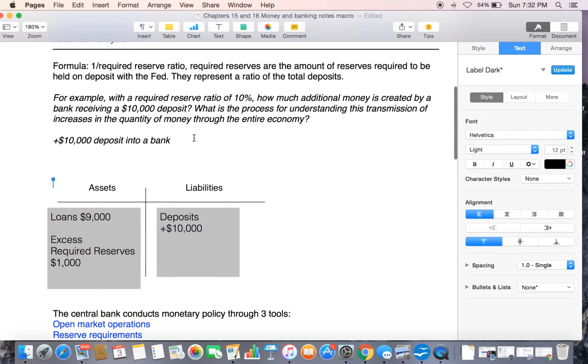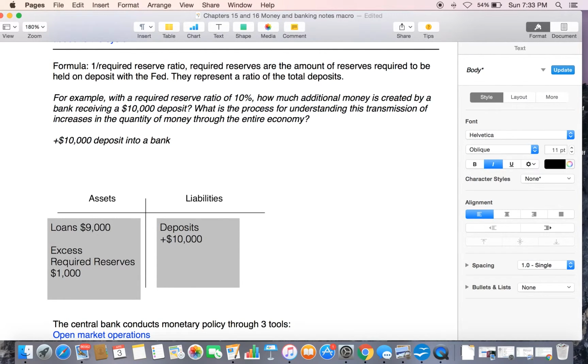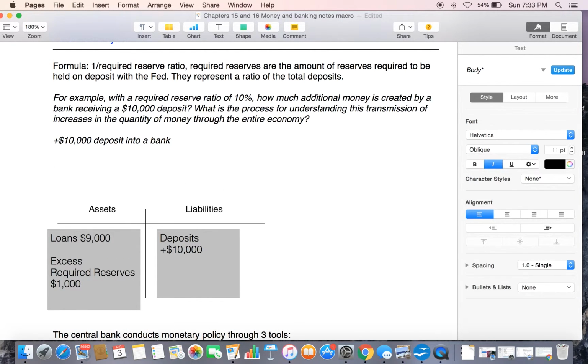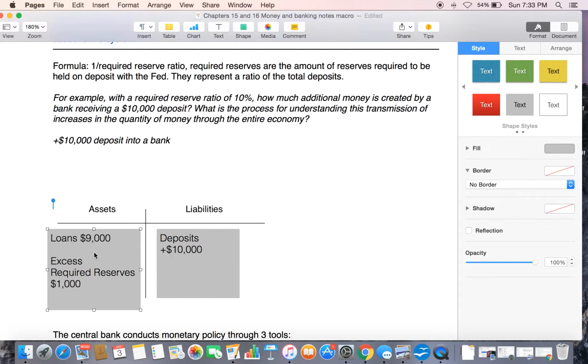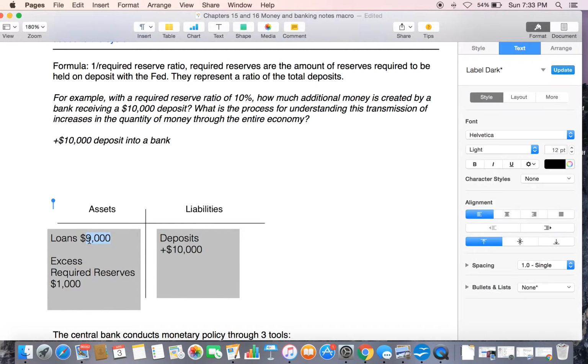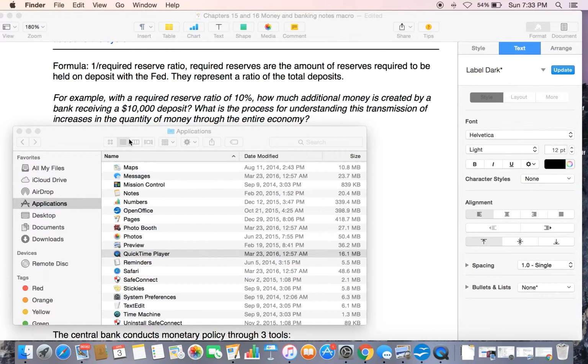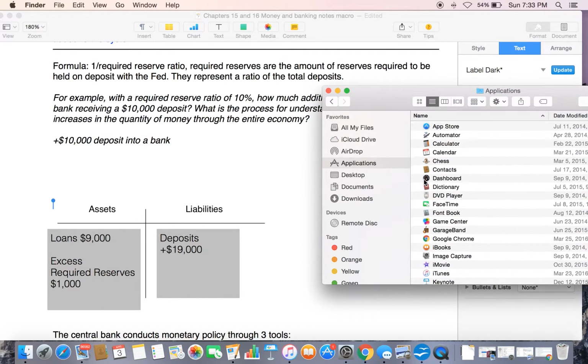So the way for us to solve this problem is to see first what's initially happening. We understand how there is an increase in money, because initially there was only a $10,000 deposit, but now that loan is going to be deposited again by someone else who's used it to pay for something, and there will be $19,000 of total deposits.